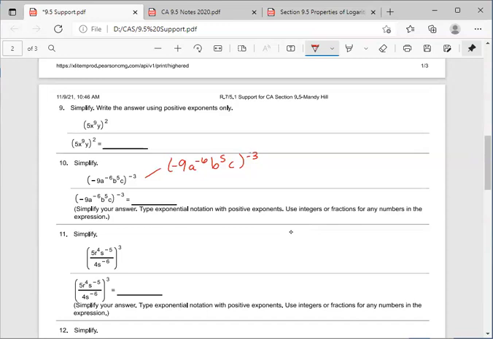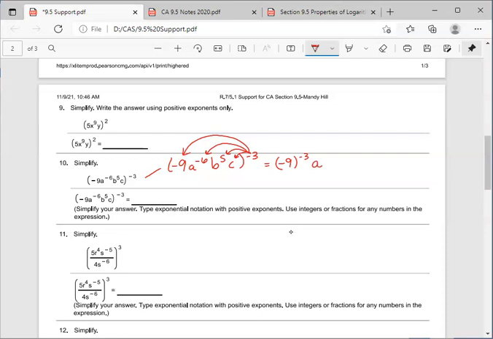You need to remember that that negative 3 needs to go with every single thing here, because it's on the outside of the parentheses. Right now, negative 9 is not being raised to a power, but whenever I distribute this, it's going to be raised to the negative 3.